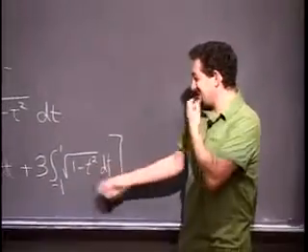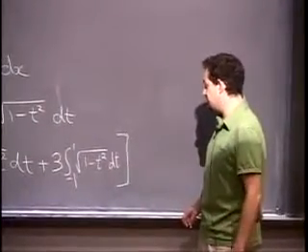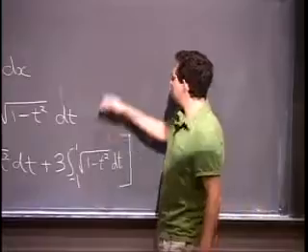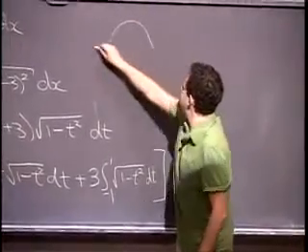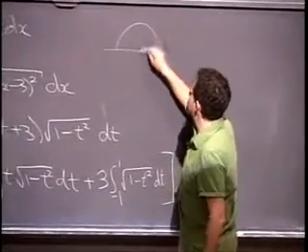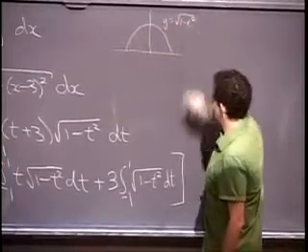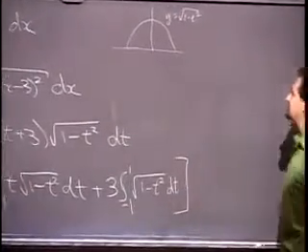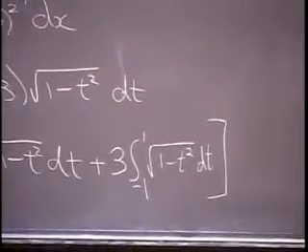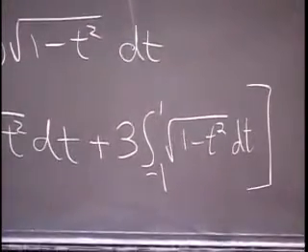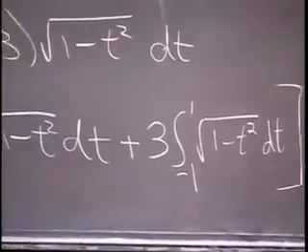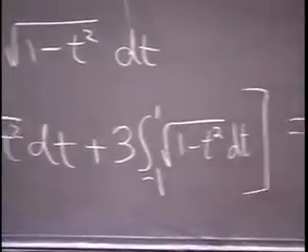As for this one, you don't actually have to do the integral either, although you could by a trig substitution. This is just the area under root 1 minus t squared, which is itself a semicircle of radius 1. So that integral is pi over 2. Pi r squared, but it's only a half. So actually, this is 3 pi over 2.